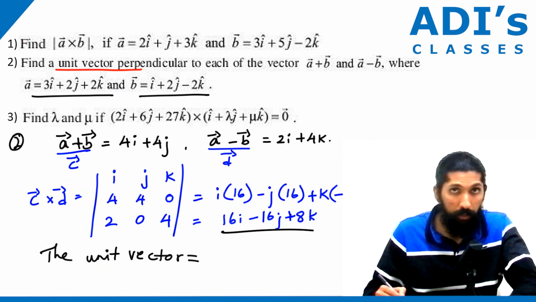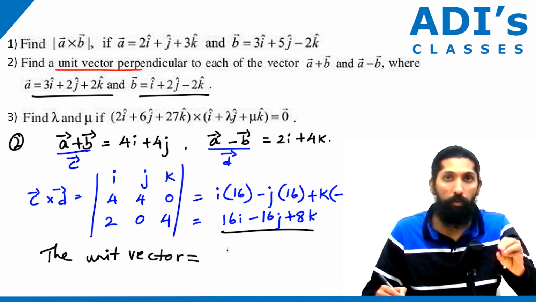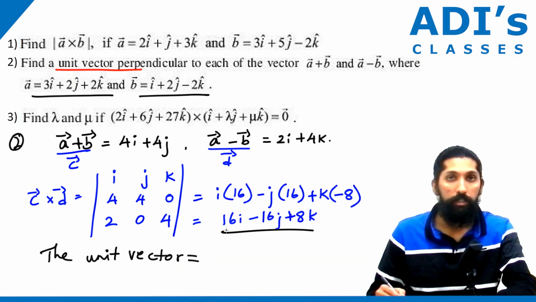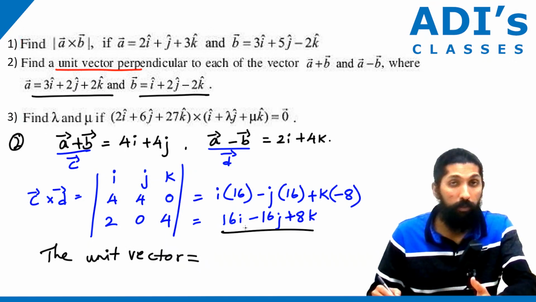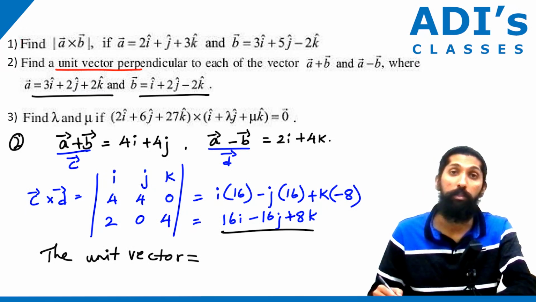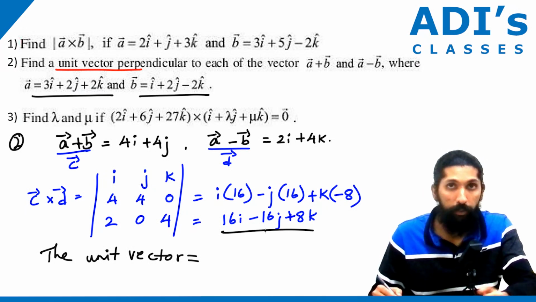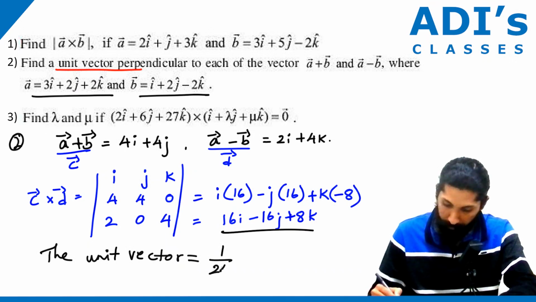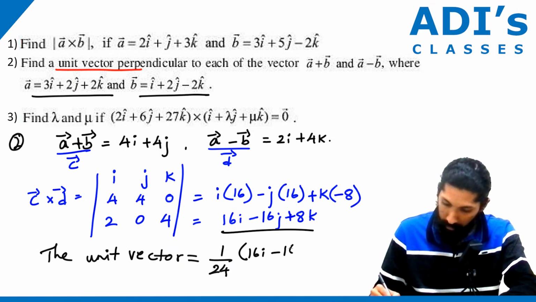For this problem, it's going to become 16 square plus 16 square plus 8 square, which is 576. And what is root of 576? 24. So you're going to get 1 by 24 into 16i minus 16j plus 8k.